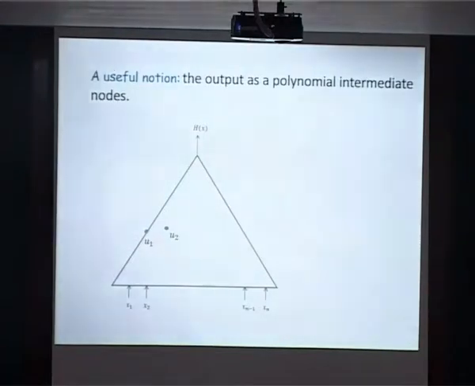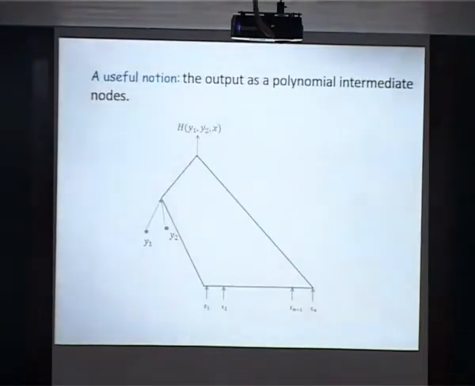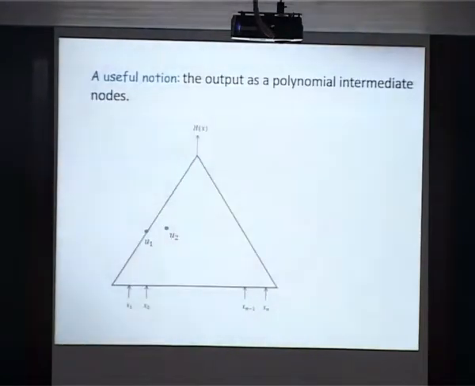I want to think of my output as a polynomial over the input variables and the nodes U1, U2. So what do I mean by this? Suppose you remove all input edges going into U1 or U2.